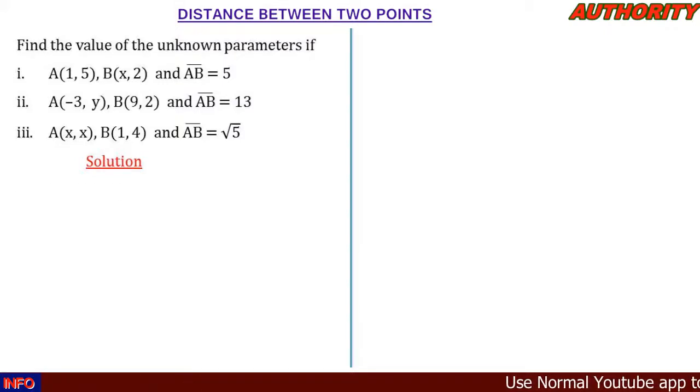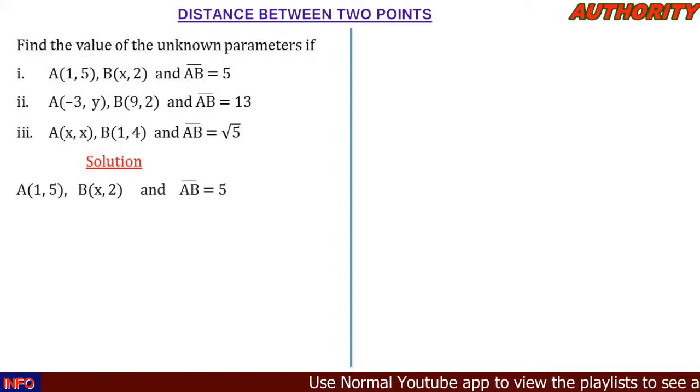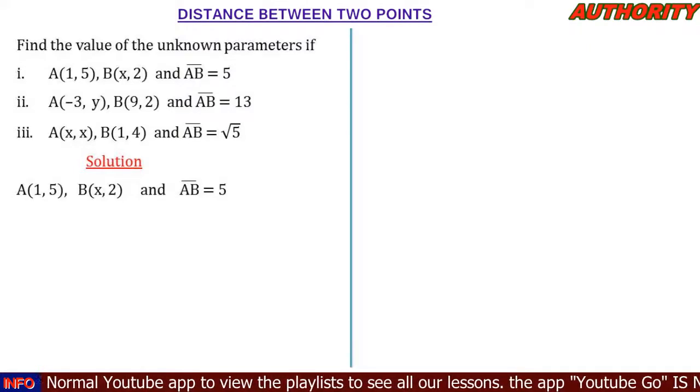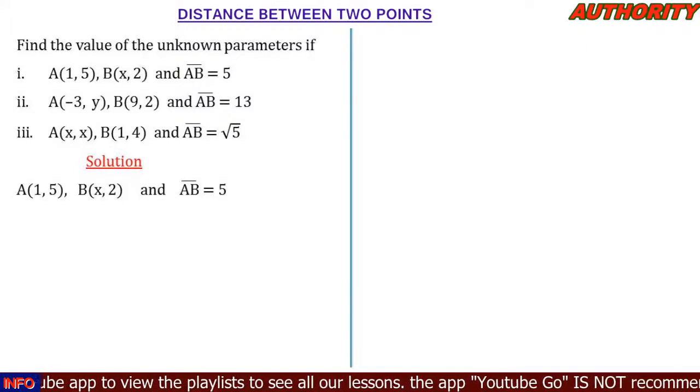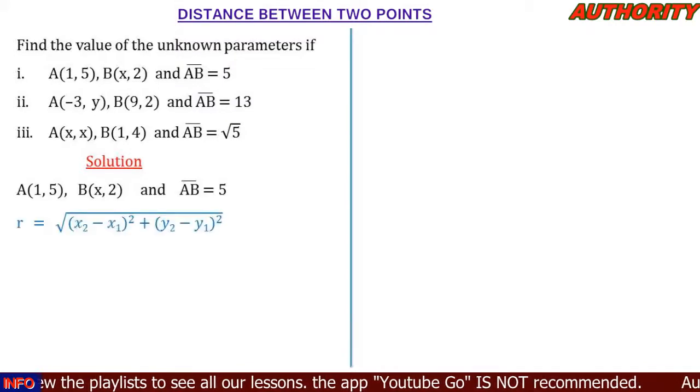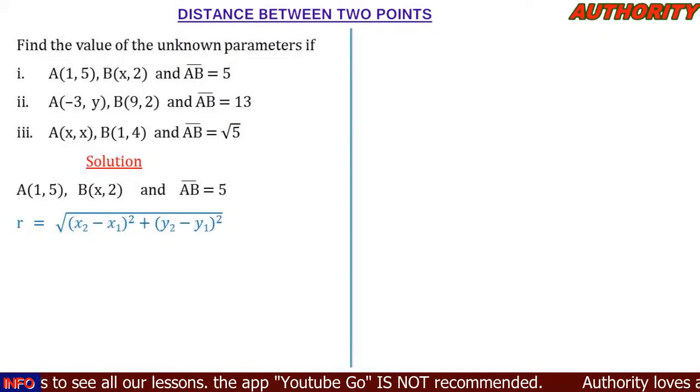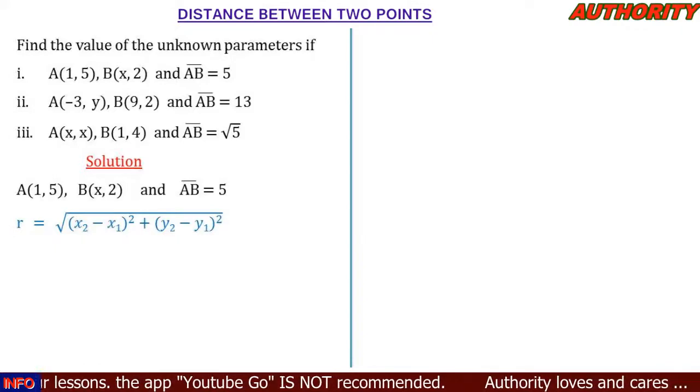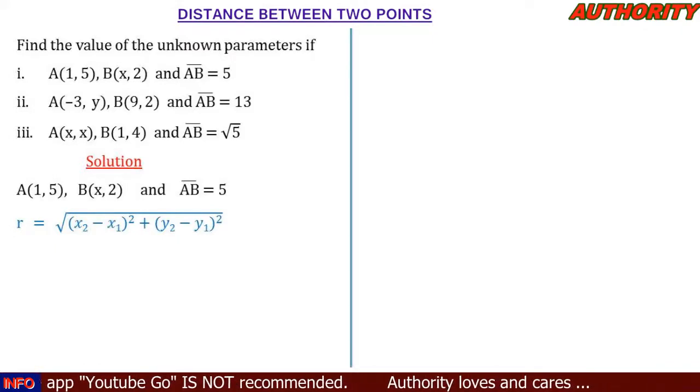Number 1, we have the point A (1, 5), and the point B (x, 2), and the distance AB to be 5. Now you know that our distance formula says that r is equal to the square root of (x2 minus x1) squared plus (y2 minus y1) squared.